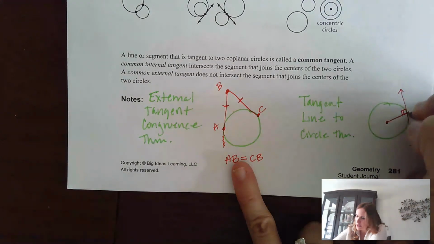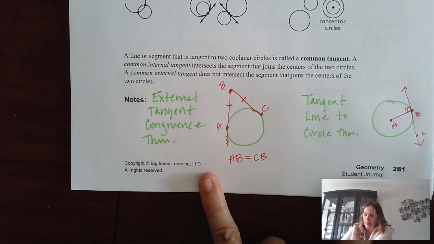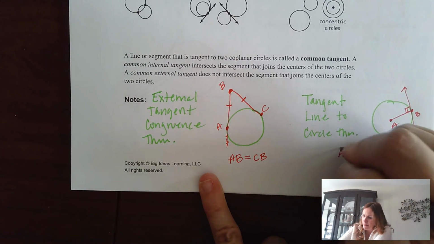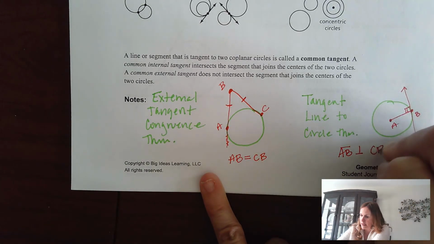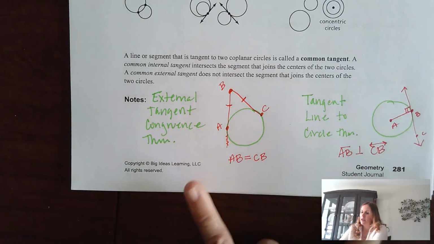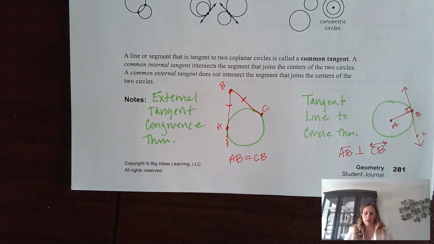So let's call this A, B, and we'll put another point here, C. What this means is line segment AB is perpendicular to line CB. So if this line is tangent to my circle, it has to be perpendicular to the radius of that circle.